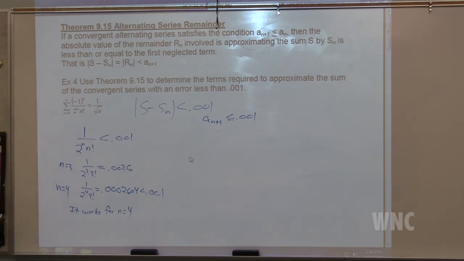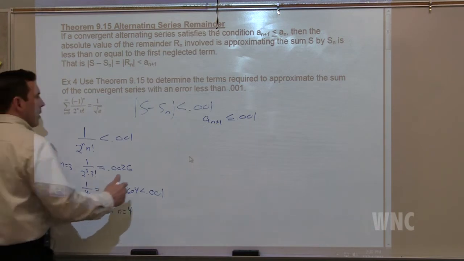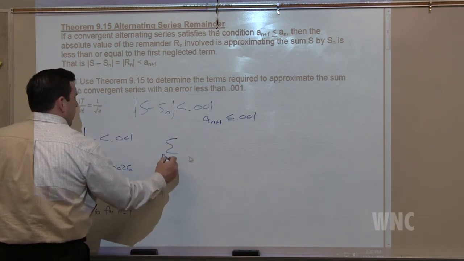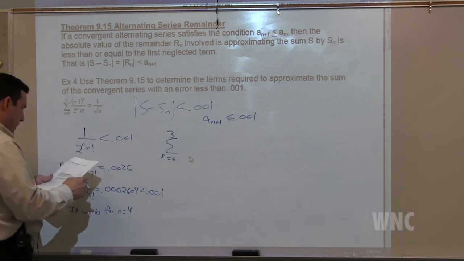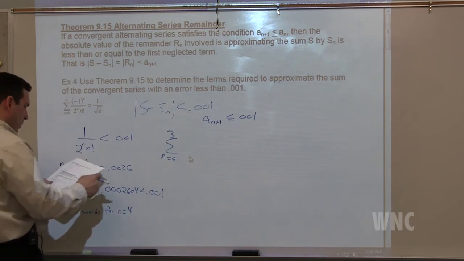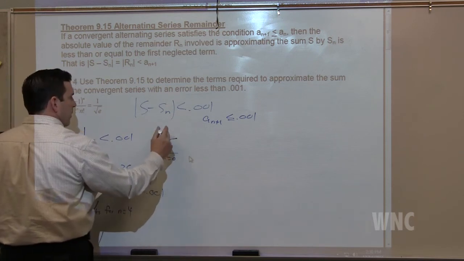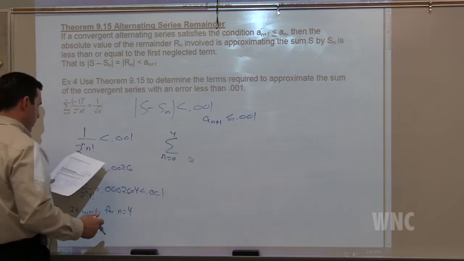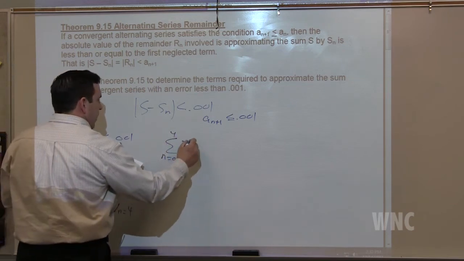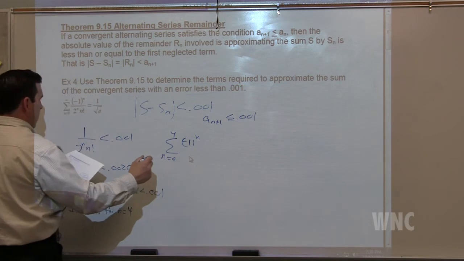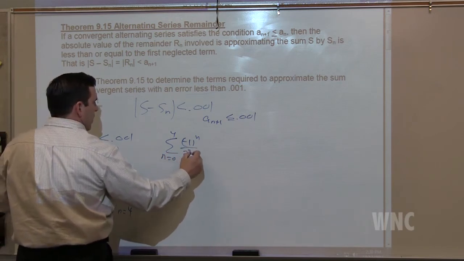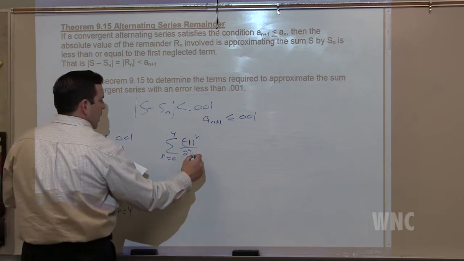Notice this starts at n equals 0. So we can do the sum as n goes from 0 to 3, or we can go to 4. We could probably just stop at 3, of negative 1 to the n over 2 to the n times n factorial.